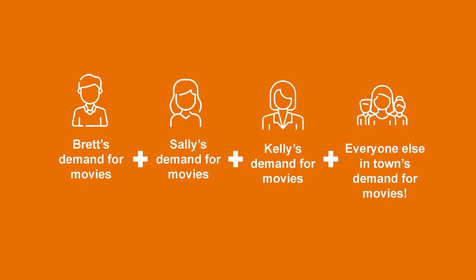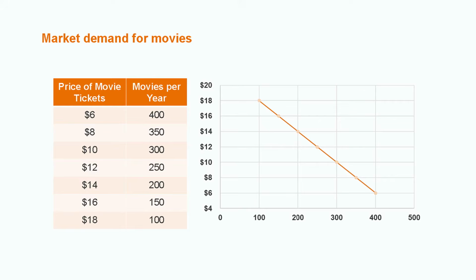Now, suppose we did that for every single person in town. So we take Brett's demand for movies, plus Sally's demand for movies, plus Kelly's demand for movies, and everyone else in town. What is that going to get you? By summing up everyone in town's demand, you'll probably end up getting something like this, a demand schedule that shows at $6, the entire town demands 400 movies.